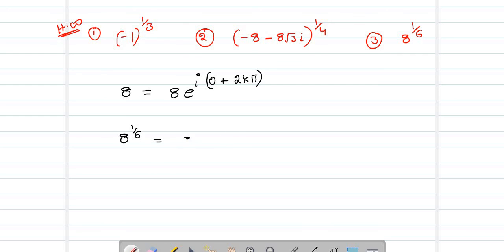So that is 8 power 1 by 6 into e power I 0 plus 2k pi by 6. Now here you can do it this way. This 8 can be written as 2 cube, and this can be written as 2 power 1 by 2. Sorry, 2 power 1 by 3. So 8 power 1 by 6 is the same as root 2.